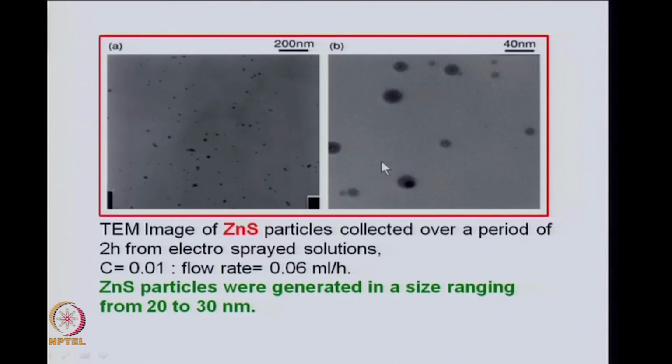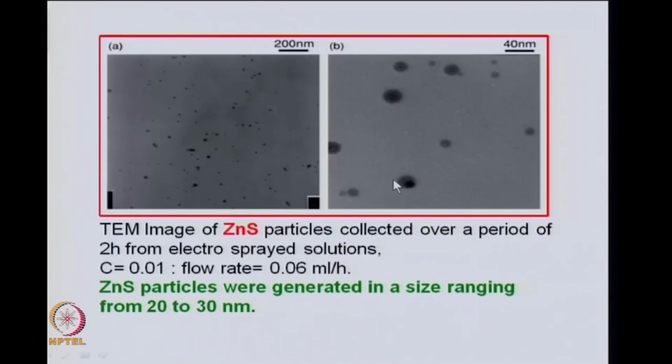So, this is an example of zinc sulphide particles of the order of 20-30 nanometers, which have been made in an electrosprayed system. For 2 hours the electric field was applied, and the solution was passed through this electric field, and you get these particles.